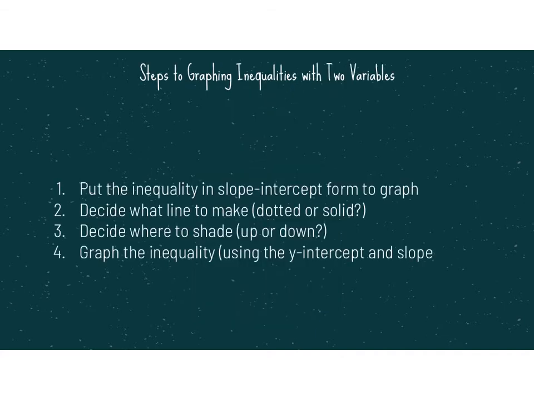All right, so now let's talk about graphing inequalities. What I want to do is put the inequality in slope-intercept form first. That's that y equals mx plus b. Solve for y just like we did all day yesterday. Then we want to decide what kind of line to make, and that's going to depend on our inequality symbol.